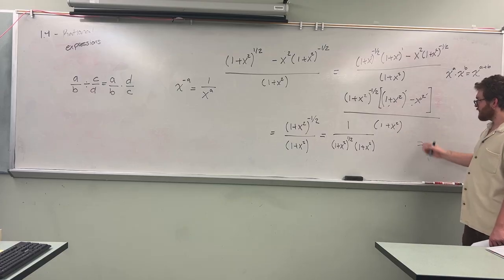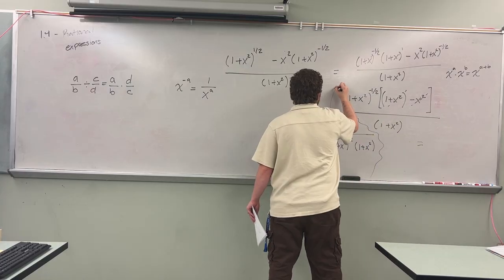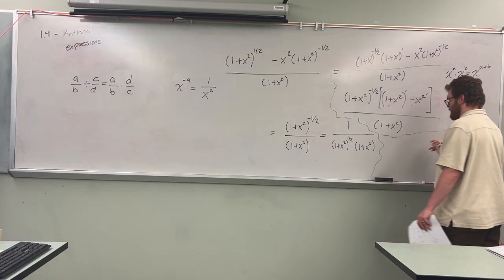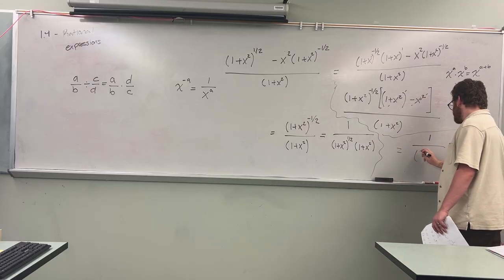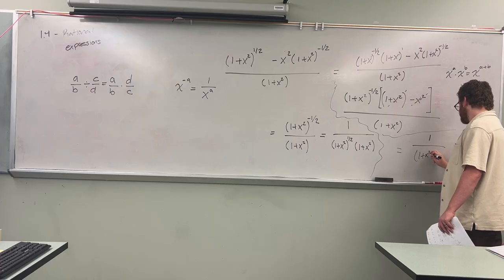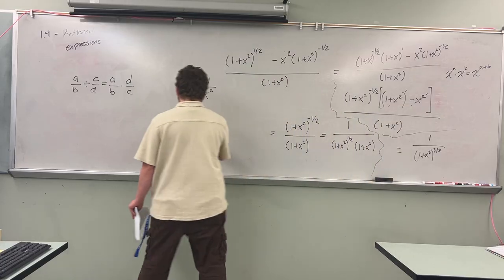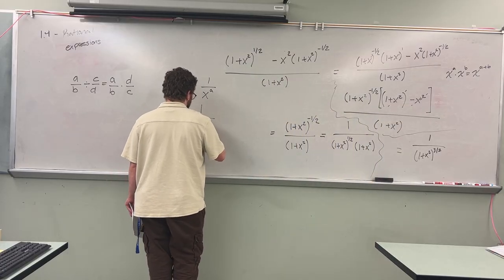So my final answer, and this looks kind of silly because everything's going on, I'll separate those out. 1 over (1 + x^2)^(3/2). So I'll write that out as the final answer. 1 over (1 + x^2)^(3/2).